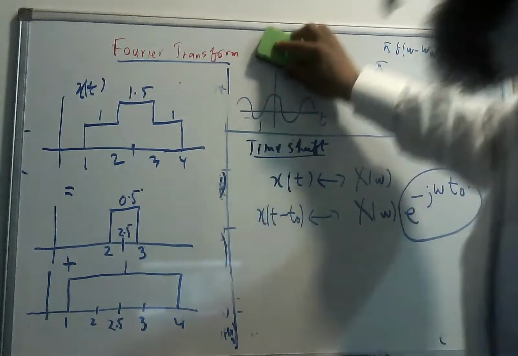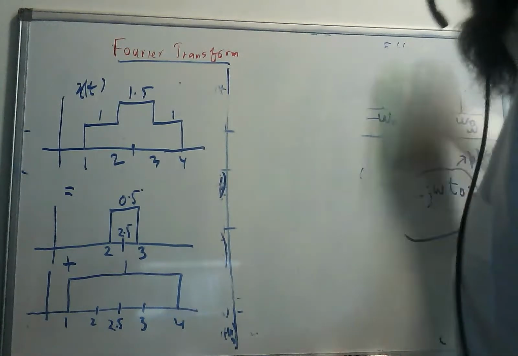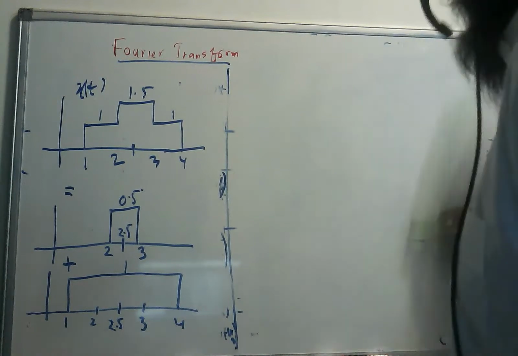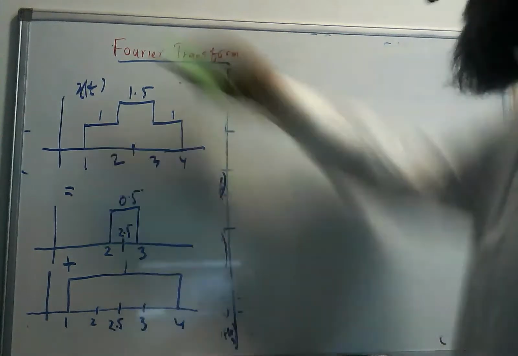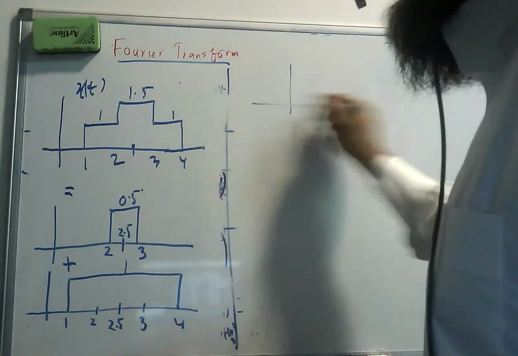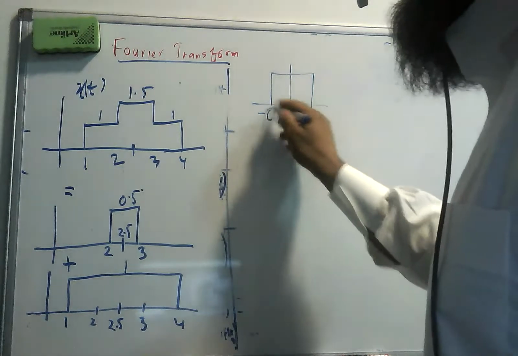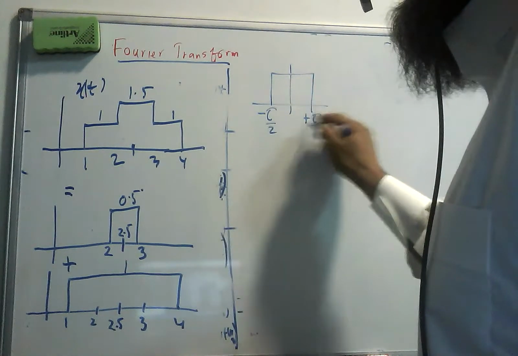So now we can use the table. We can go to the table and find the Fourier transform of a rectangular function. We can look at the table or just look at today's lecture.